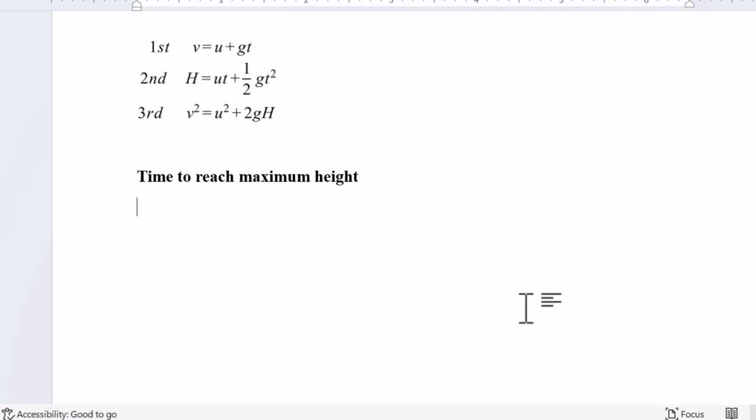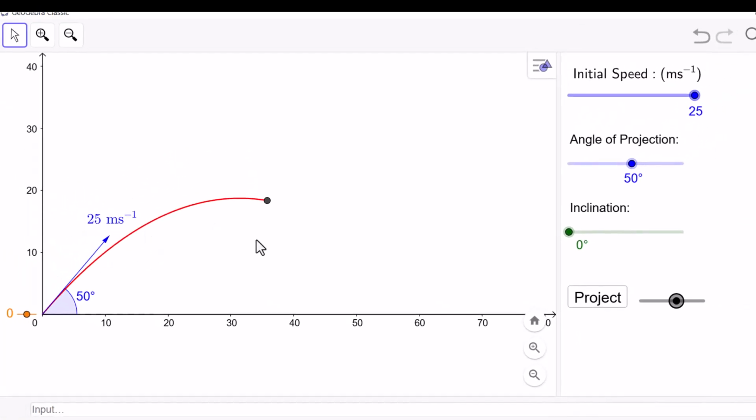But take note, there's one important thing you need to take note before we start. In projectile, this object is moving in two directions. You see, as it moves at an angle like this, 50 degrees or whatever degrees, I can change the angles here. So whatever angle it is moved at, it is moving in two directions.